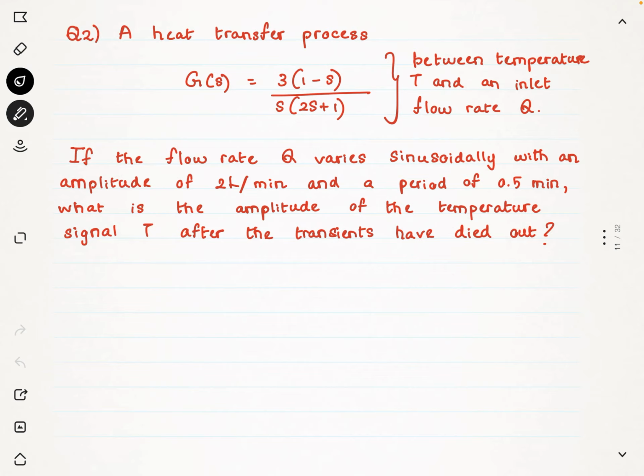So this is in fact similar to question 1. So the amplitude of the output signal T after the transients have died out is nothing but the amplitude of the output signal. So this is a different way of asking the question.